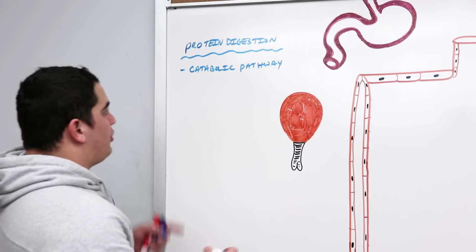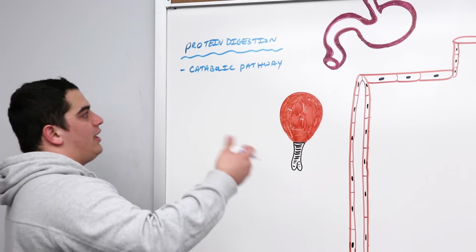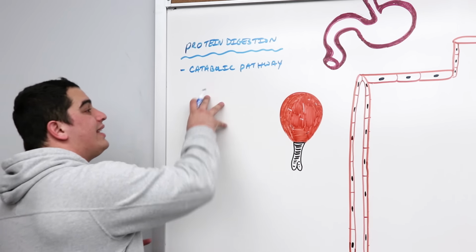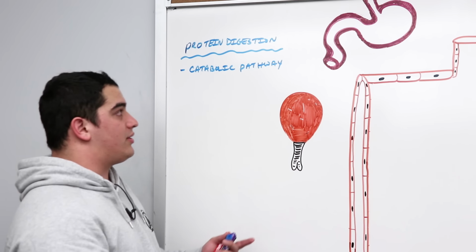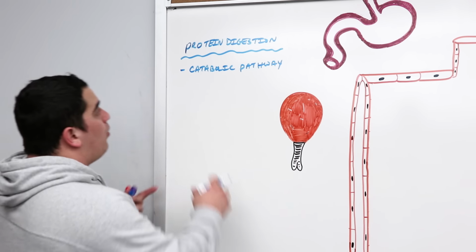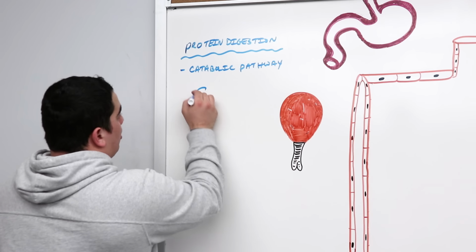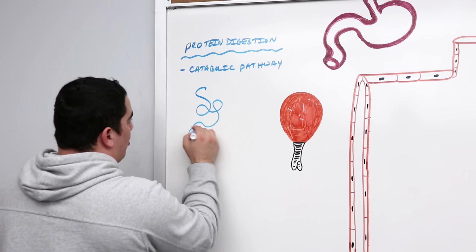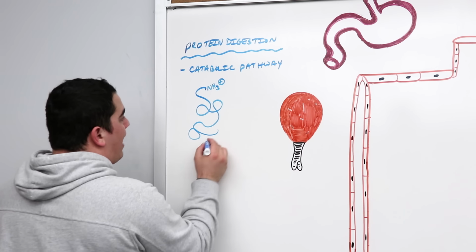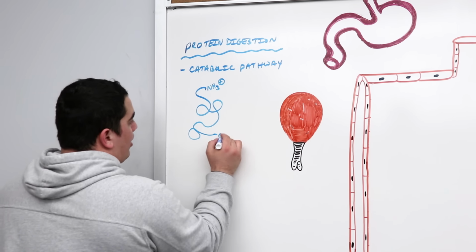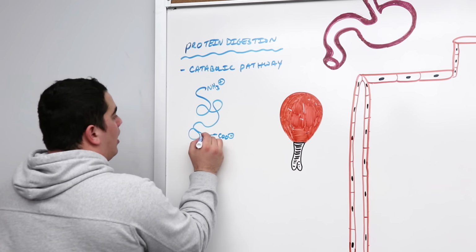Just like when we talked about carbohydrate digestion, we took polysaccharides, like amylose and amylopectin, and broke them down into monosaccharides. In the same way, we're going to take these large proteins, which are special macromolecules consisting of amino acids.